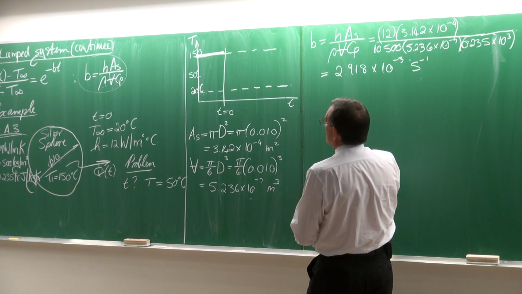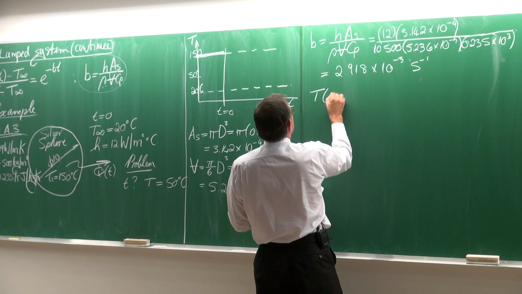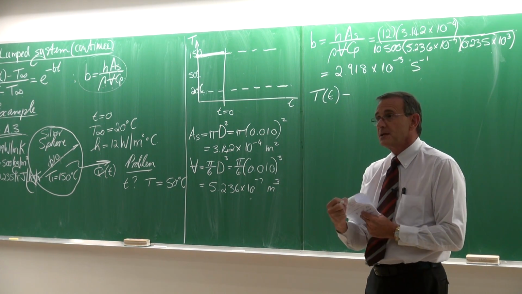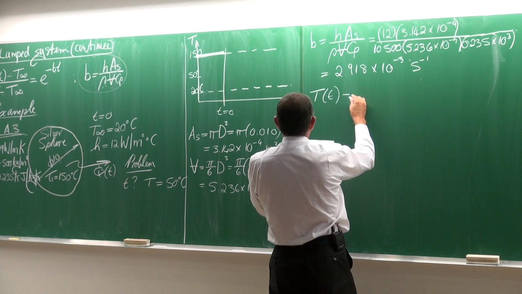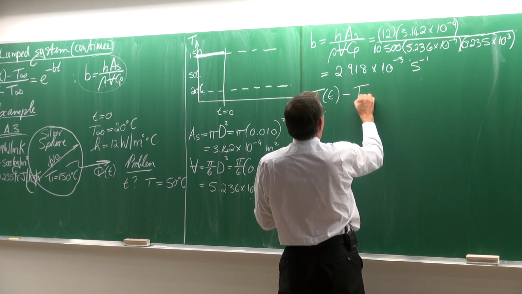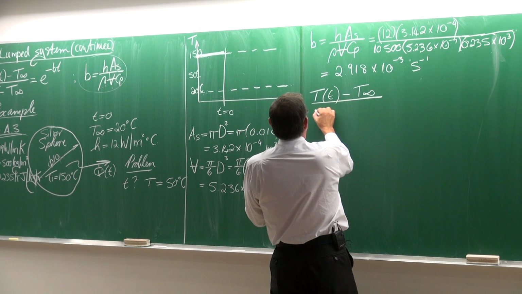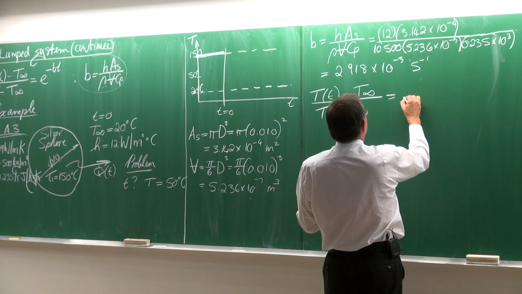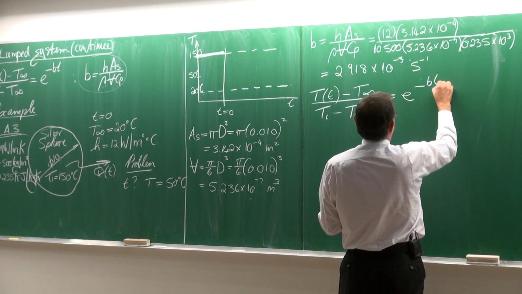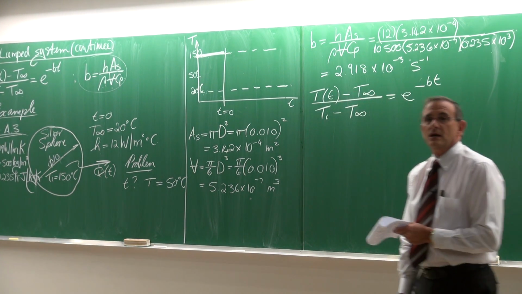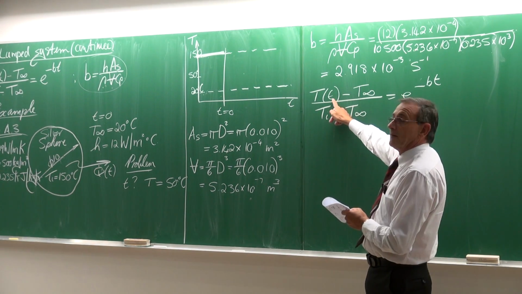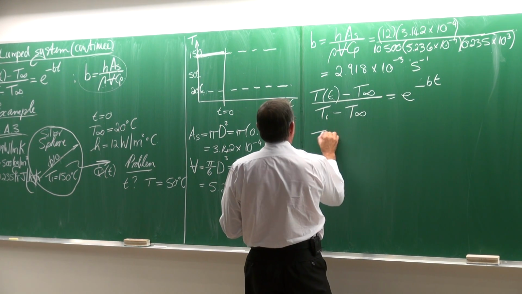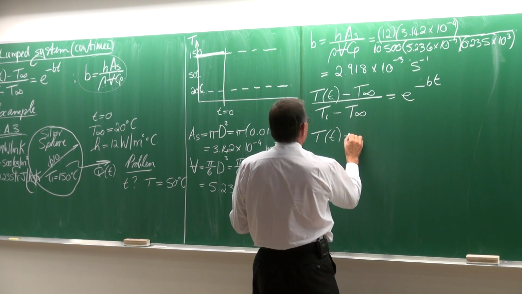Okay, so now we are ready to do the substitution in our equation. The equation that we've derived yesterday for a lump system is: the temperature at any specific time minus T infinite, divided by Ti minus T infinite, is equal to E to the minus BT. I'm first just going to write this equation like that because we're going to use it later on.